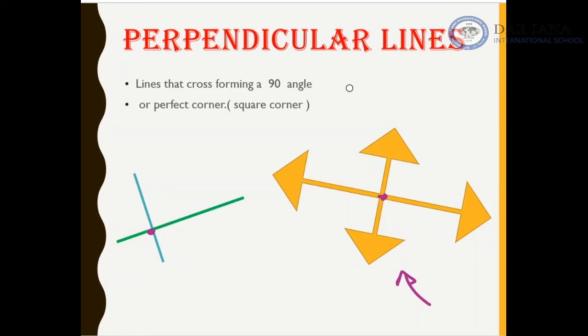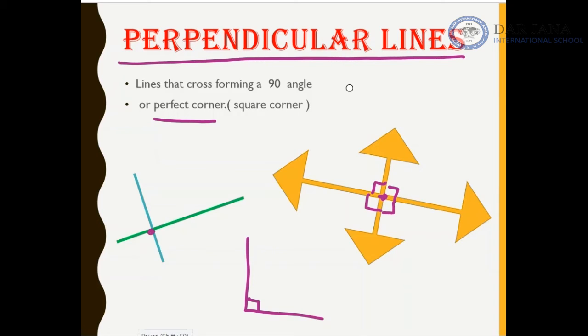It's true, but I have a small thing to tell you: anytime the intersecting lines can draw a perfect corner, or a small square at the corner, or have an L shape with that perfect corner, I can call these lines perpendicular lines. So the perpendicular lines make a perfect corner.